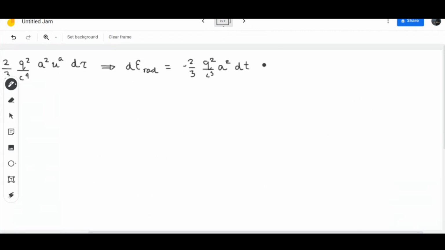Okay, so from here that also leads us to the total intensity, I rad, which is dE rad by dt, which is equal to minus 2 by 3 q squared by c cubed times acceleration squared.